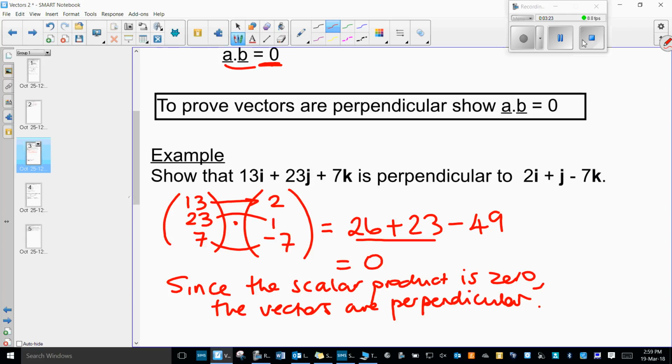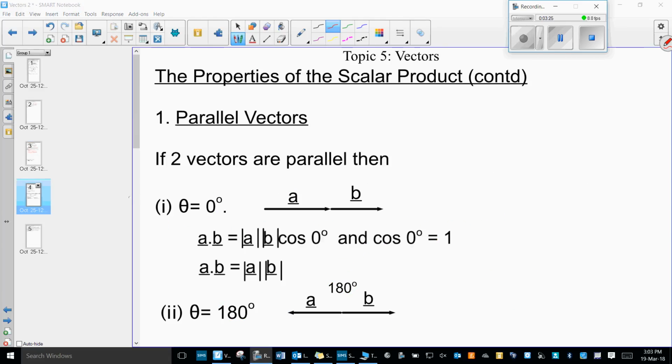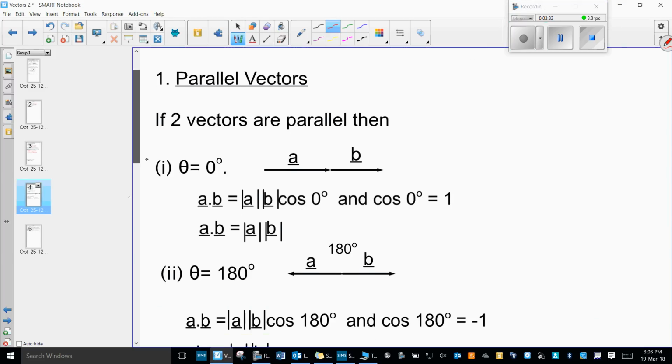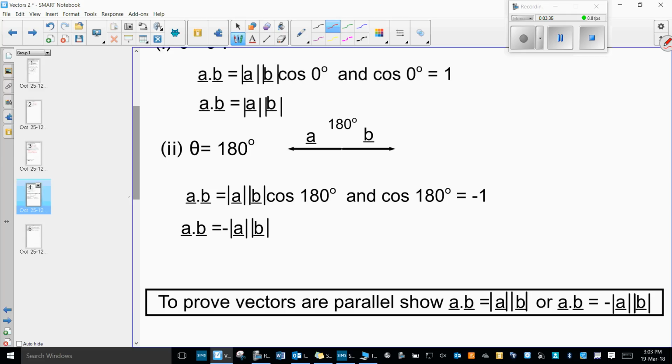Alright, okay, so perpendicular vectors, we know that the dot product is equal to 0. In a similar way, the dot product, if they are parallel, would be equal to plus or minus the lengths of these two multiplied together. And the reason is because cos of 180 is equal to negative 1. And so the negative 1 would come in here.